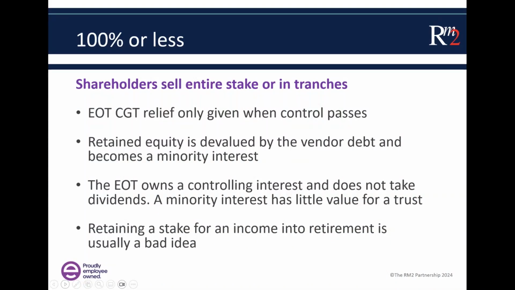Equally, if you're expecting at some point in the future to sell your final tranche back to a trust, and you have reasonably sophisticated trustees, you could be in trouble. Trusts do not take dividends from companies.